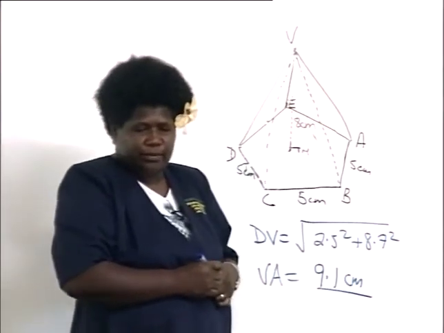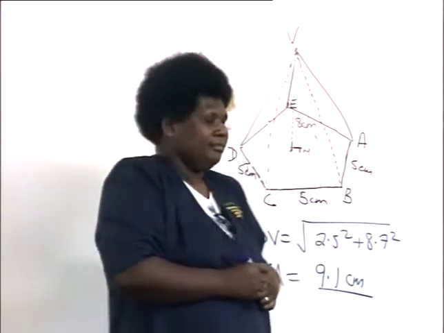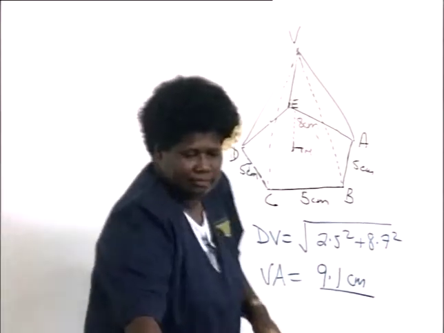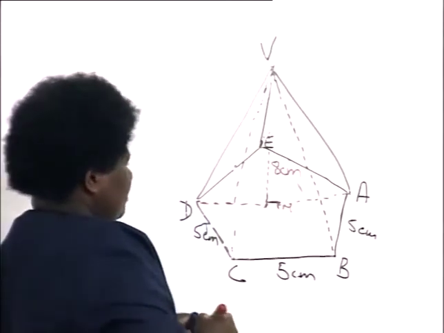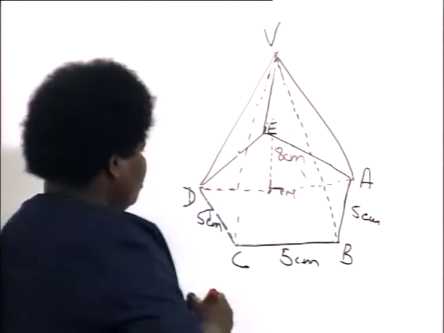Okay, Mr. Norombu. Draw the line. Start from across the base. Start from between B and A to D. Oh, sorry.